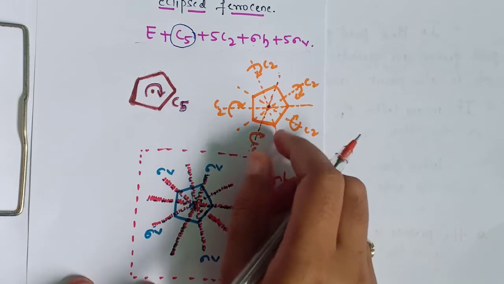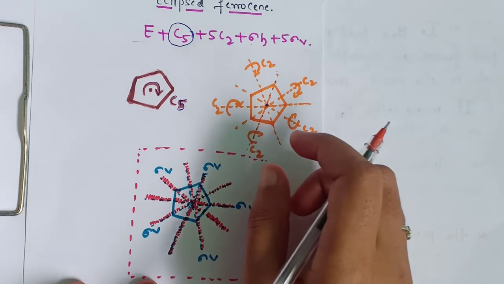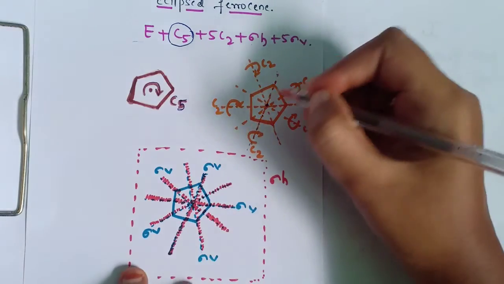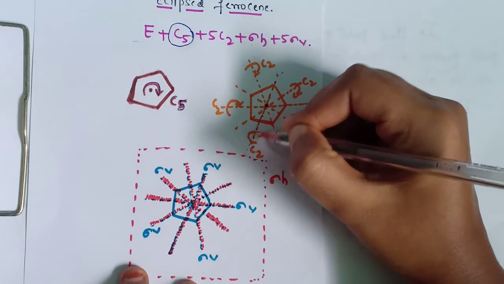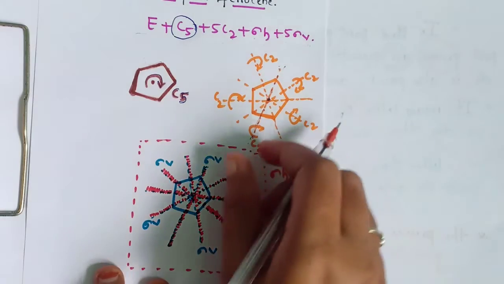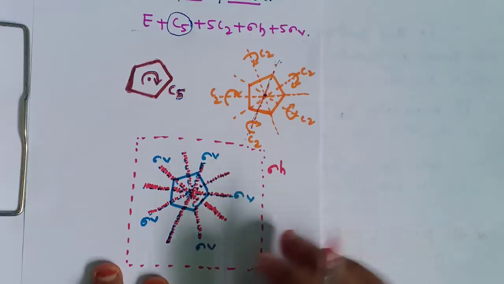And again if I rotate by the C2 axis, now I will get a congruent configuration for this, that is by 180 degrees. C2 means 180. So here is one of the C2 axes.